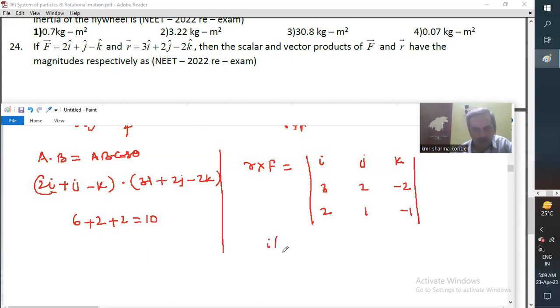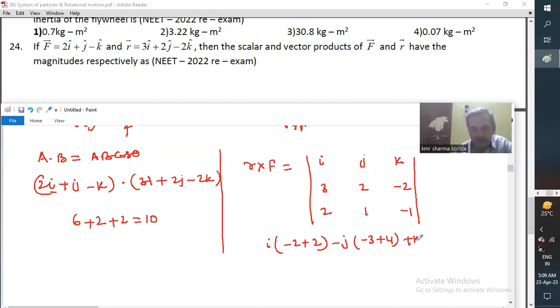So i, this is minus 2 that will be plus 2, giving plus 0 i. Minus j, forget about the column and row. This is minus 3 plus 4, into the formula.